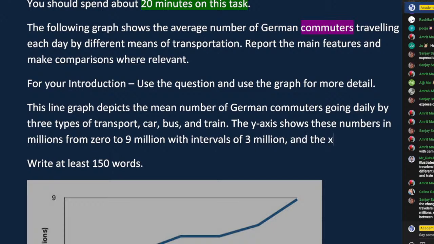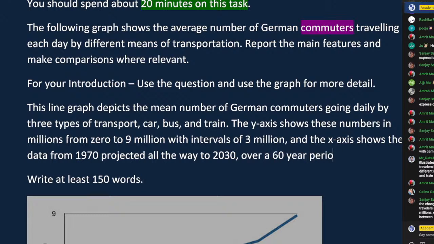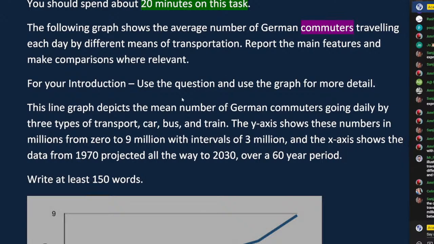And the x-axis shows the data from 1970 projected all the way to 2030 over a 60-year period. Okay, so notice all that detail.